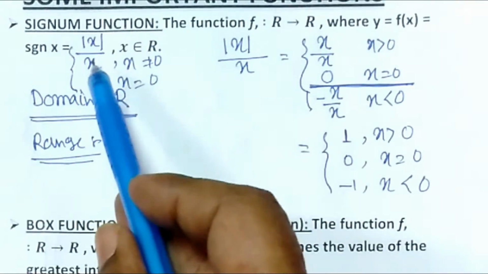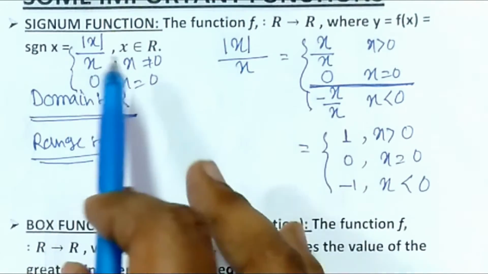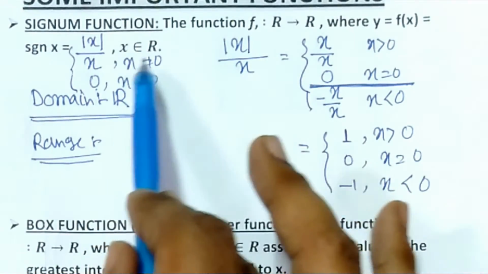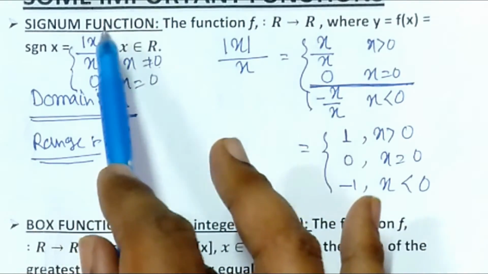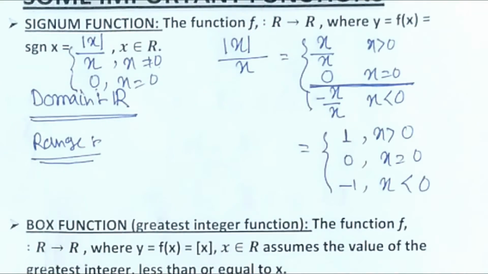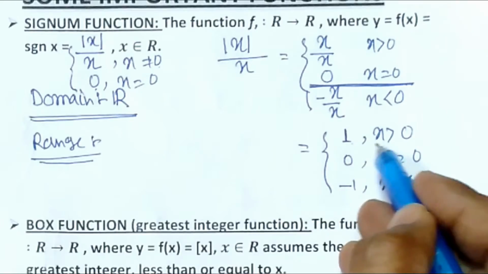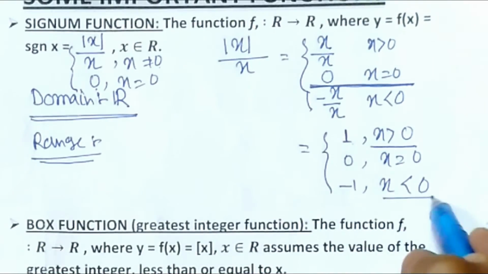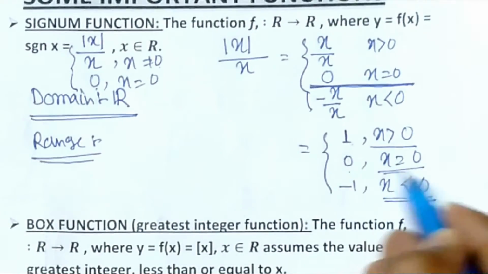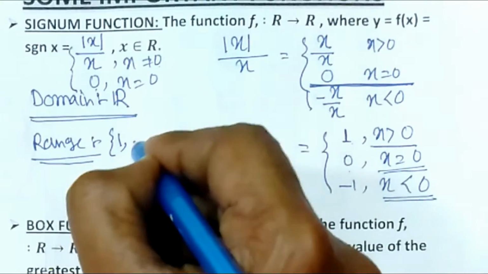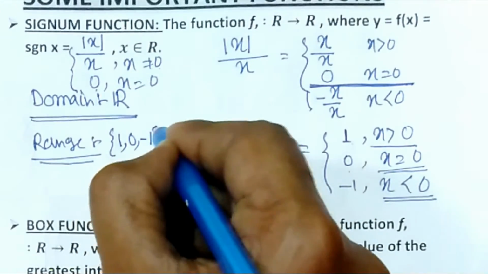That is, when x is 0, the Signum function will be 0, and when x is not equal to 0, the Signum function will be mod x by x. So the Signum function gives us 1 when x is positive, minus 1 when x is negative, and 0 when x is 0. So clearly the range contains only 3 elements: 1, 0, minus 1.